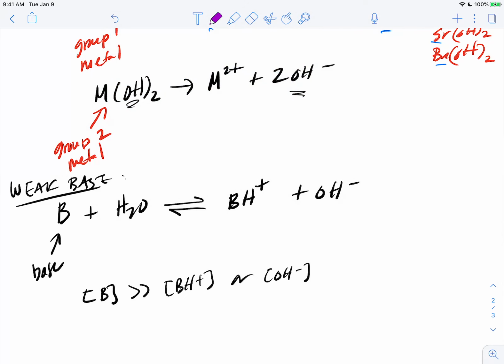Okay, and so we can talk about these in terms of definition. So again, this is our base. This is acting as our acid. It's donating a proton. Then this would be our conjugate acid, and this is our conjugate base.